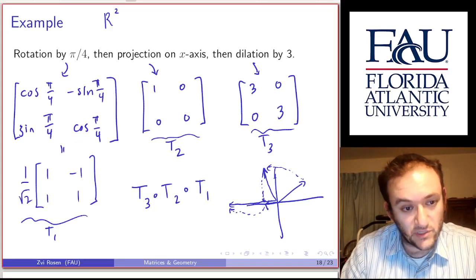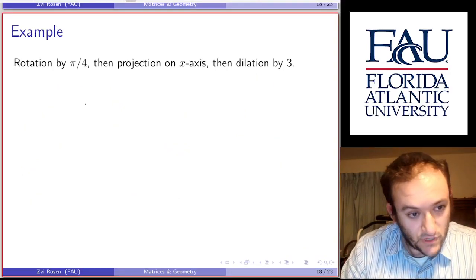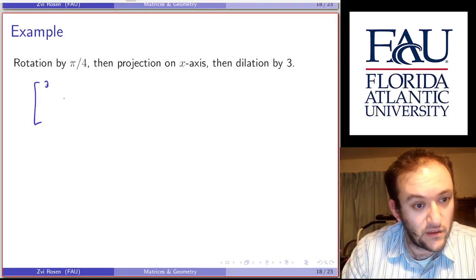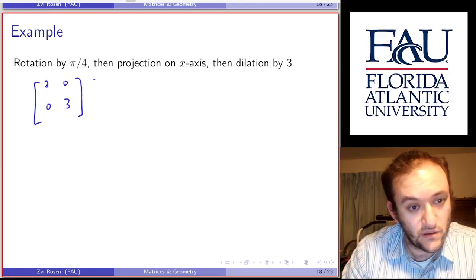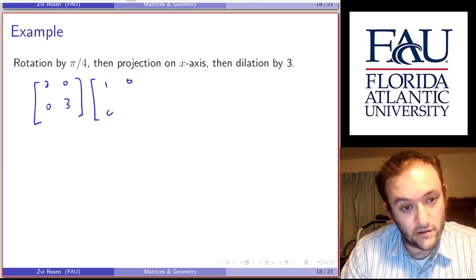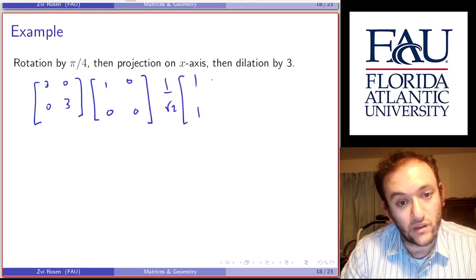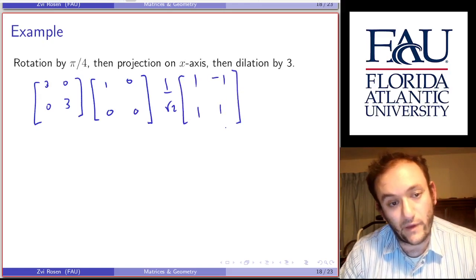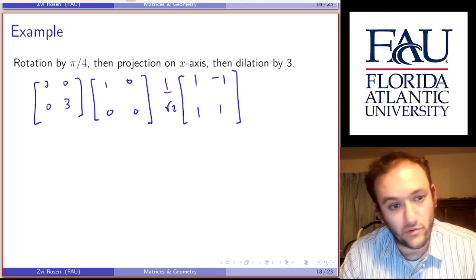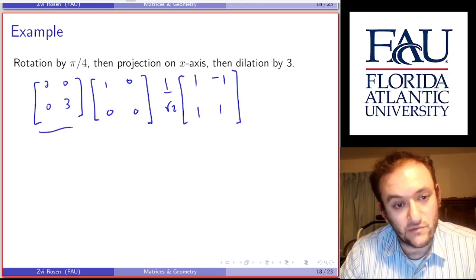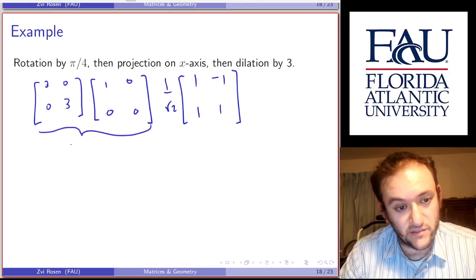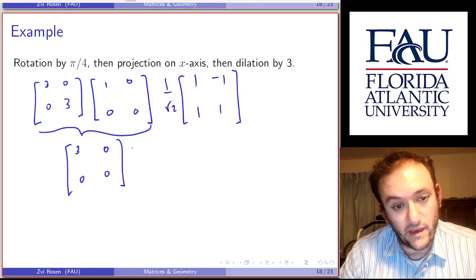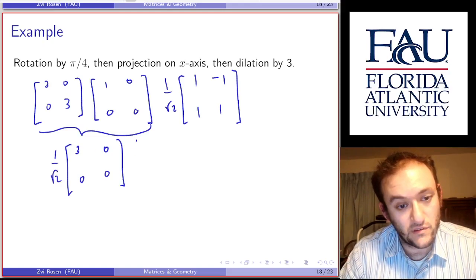Okay, so let's multiply these matrices. I'm just going to write them all out. We have 3, 3, 0, 0, 1, 0, 0, 0, 1 over root 2 times 1, 1, minus 1, 1. Okay, so straightforward multiplication, we get these two together multiplies to 3, 0, 0, 0, and 1 over square root of 2 times 1, minus 1, 1, 1.